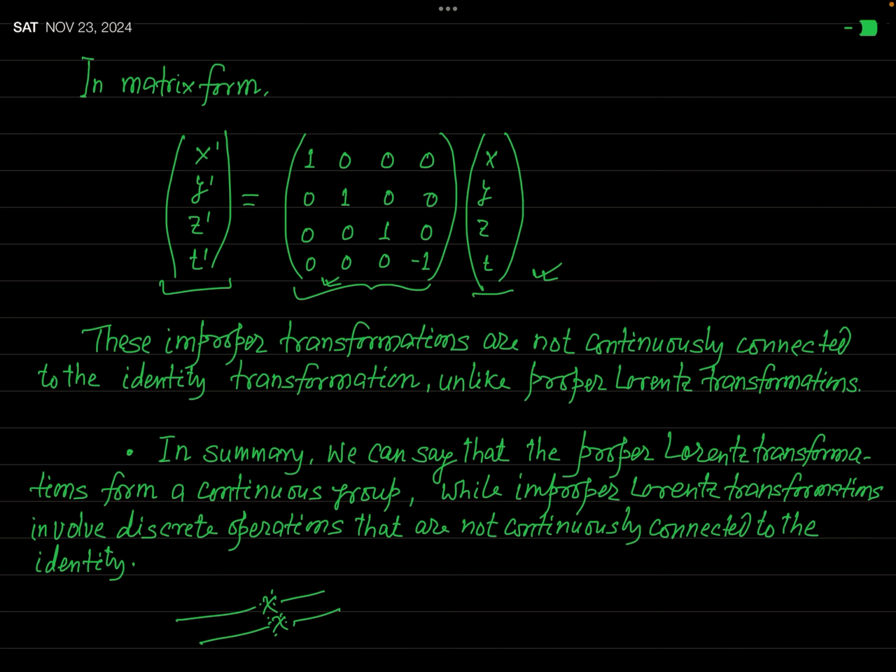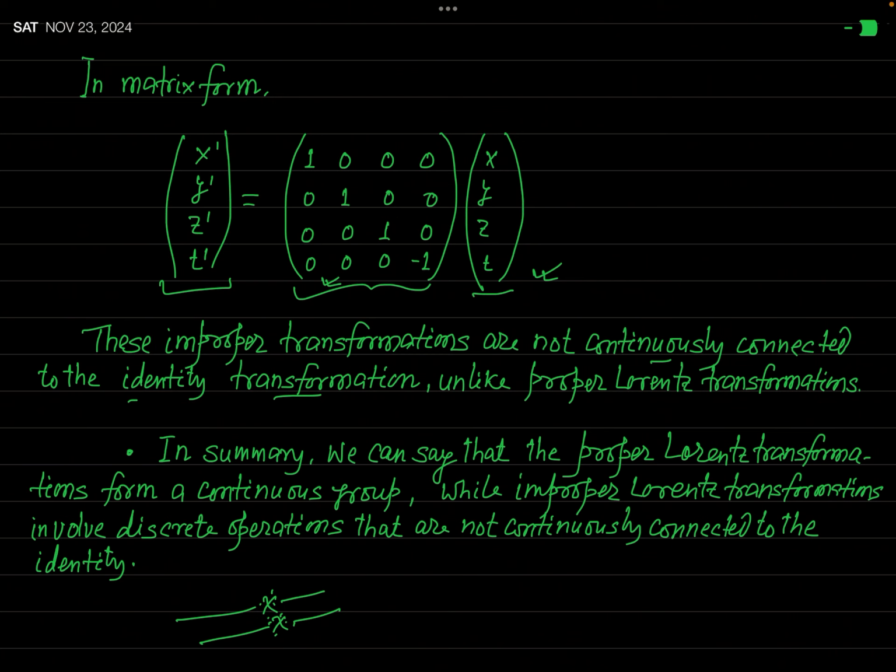Now actually these improper transformations are not continuously connected to the identity transformation, unlike the proper Lorentz transformation. Actually proper Lorentz transformation is continuously connected to identity transformation. You have studied the identity transformation in matrix formulation of quantum mechanics. But these improper transformations are not continuously connected to the identity transformation.